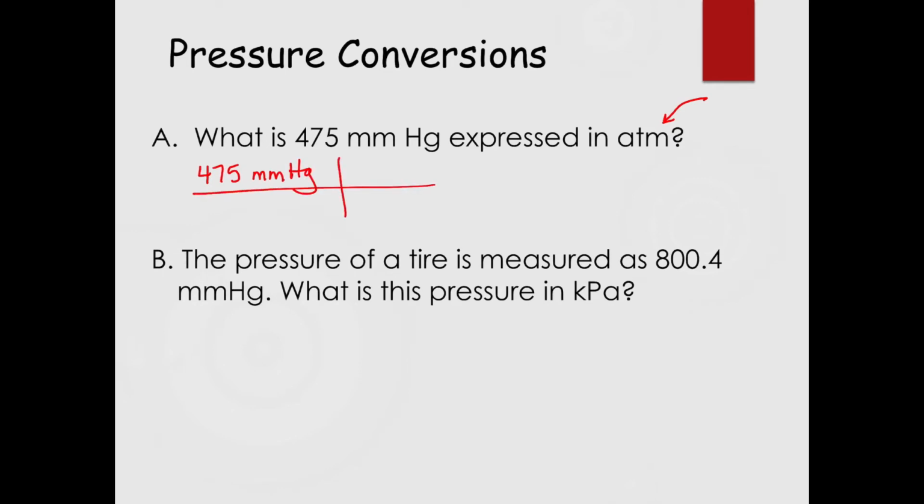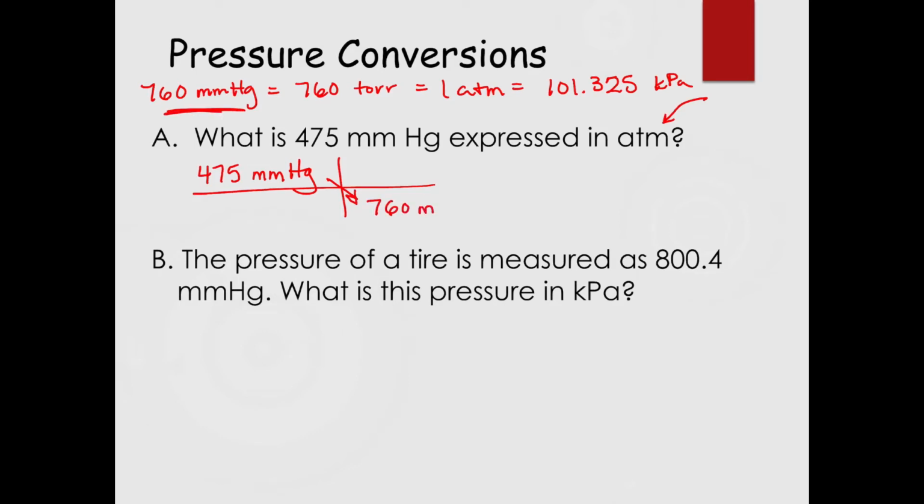And we know that, from the last slide, 760 millimeters of mercury is equal to 760 torr is equal to 1 atm, which is 101.325 kilopascals. Okay, so millimeters of mercury has to cancel millimeters of mercury, so we're going to put this on the bottom. And we're trying to find atm, so atm will go on the top.